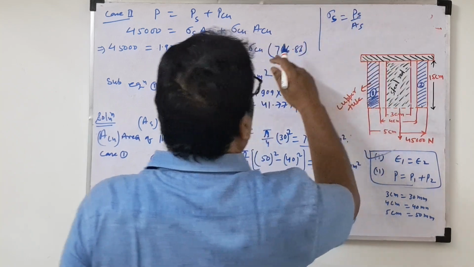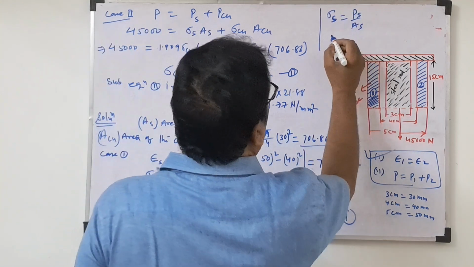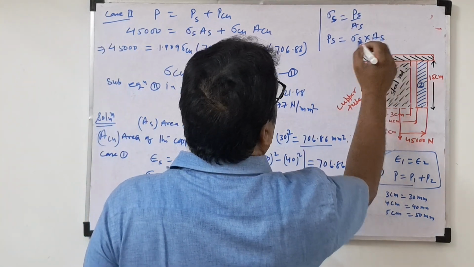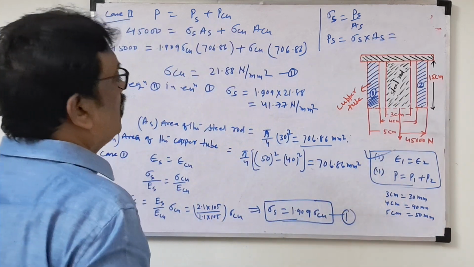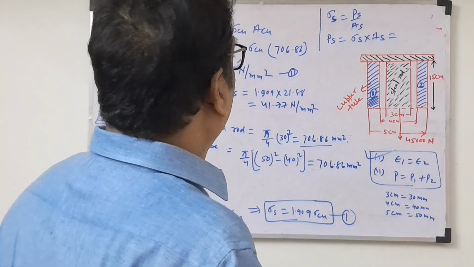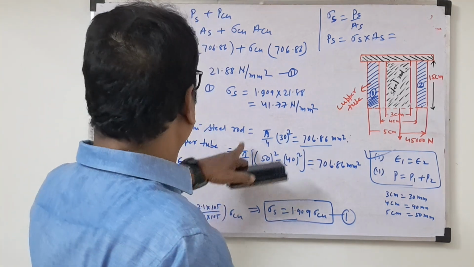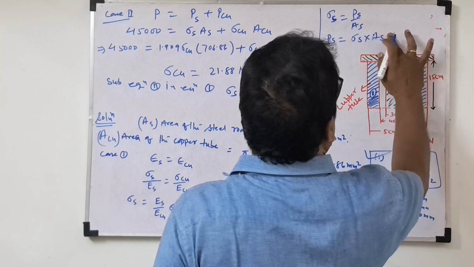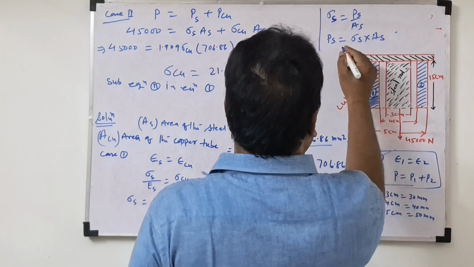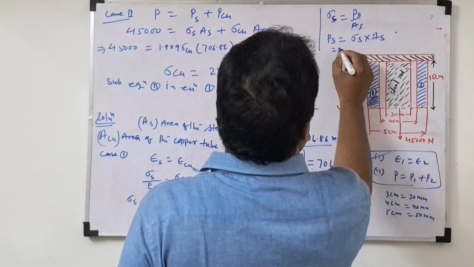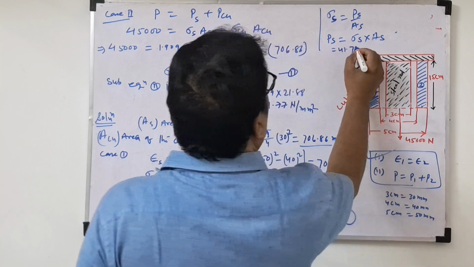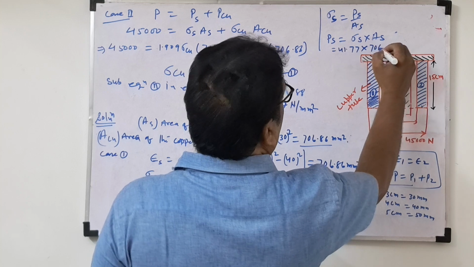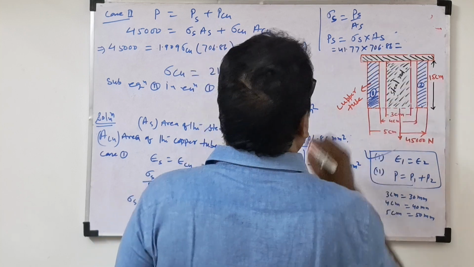So what they are asking is PS. How can you get PS? PS is equal to sigma S into AS. What is sigma S? Already we know the value, 41.77. So we'll write here 41.77 into 706.86.